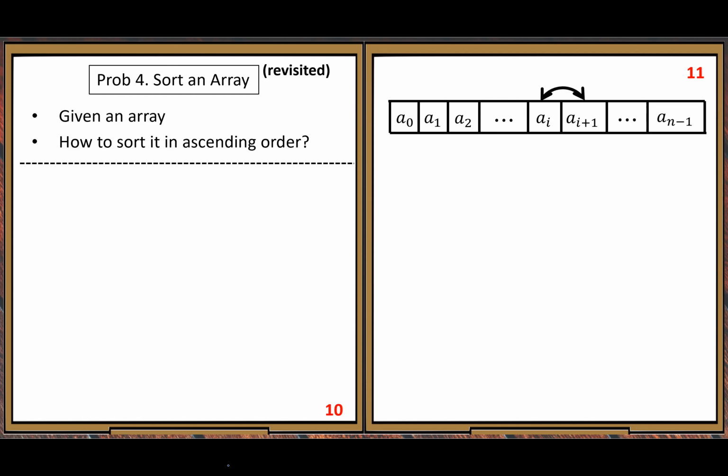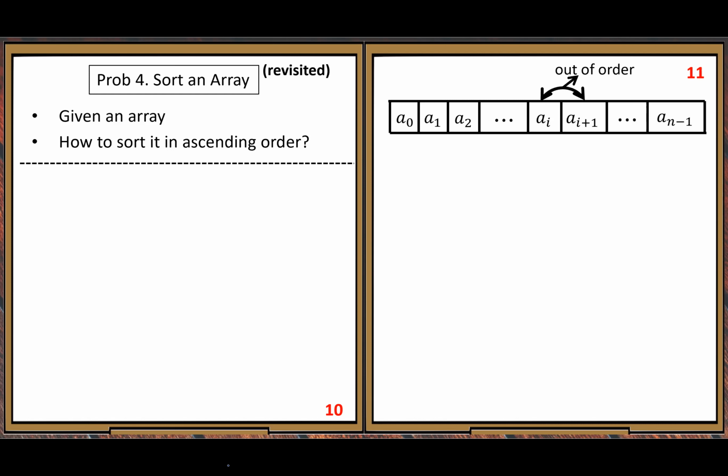Let's look at two arbitrary elements in this array. We just want to compare two of the elements and look at their order information. Here, a sub i and a sub i plus 1.